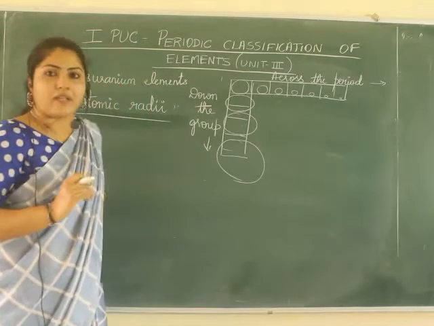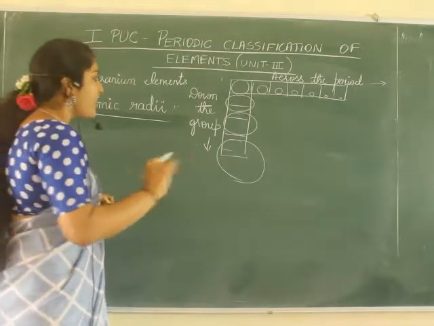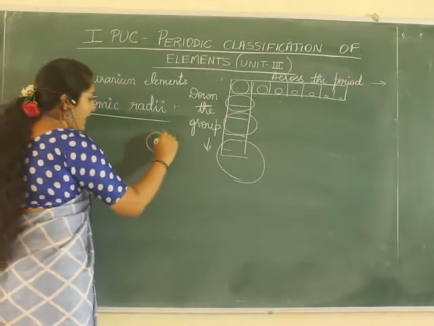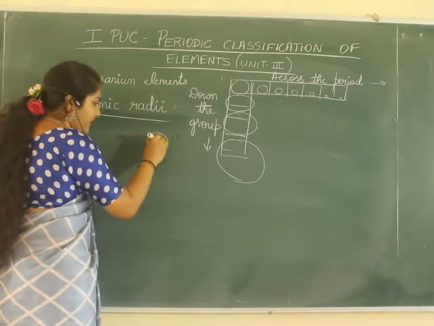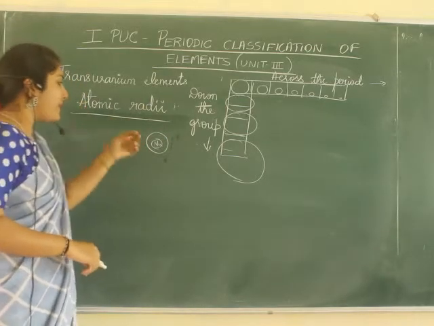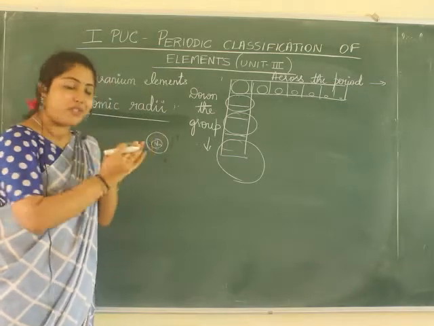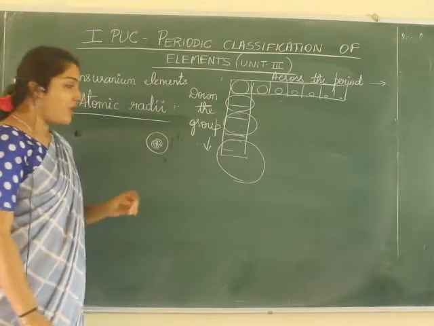So now let me tell you the reason. You have studied about atomic models, isn't it? So see, we have a picturization of an atom having the central nucleus, isn't it? You know that the nucleus is positively charged. All positive charges are concentrated at the center, so it is positively charged.